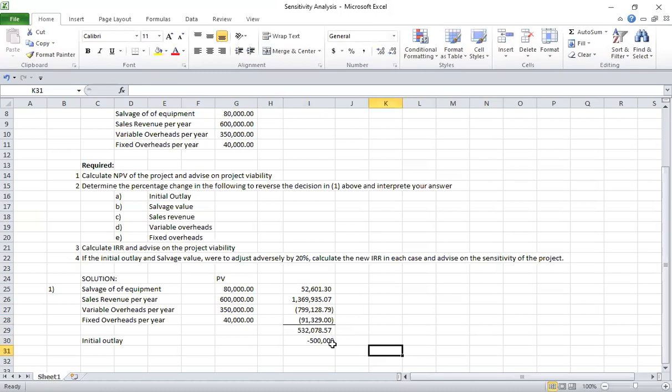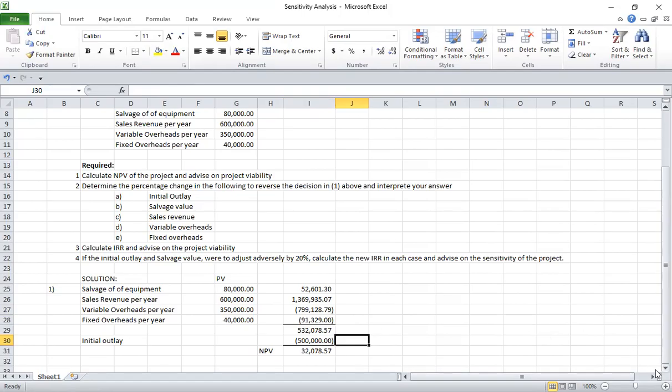So that is a negative. And so NPV, that was 32,000 and change. Please confirm that that's what we got. Yes, that's what we got.